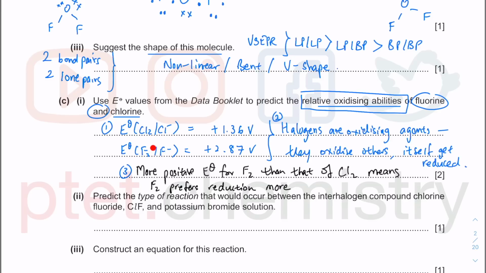It prefers to gain electrons more, it prefers to get reduced more, and therefore fluorine is the stronger oxidizing agent. So fluorine is the stronger oxidizing agent because it prefers to be reduced more. So that is what the question really wants there.